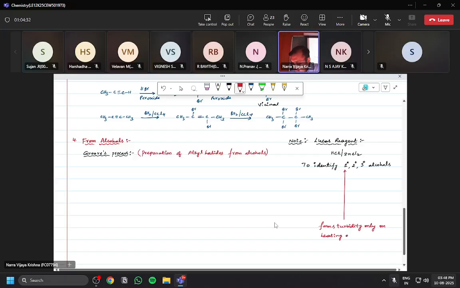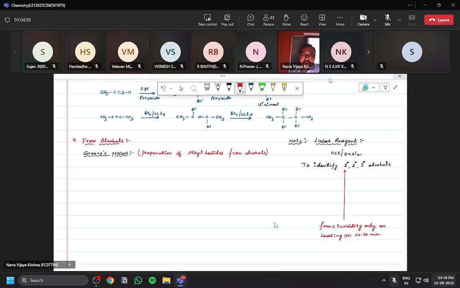Without heating, it forms turbidity only on heating. Either we have to wait 20 to 30 minutes, which means the reaction is very slow, or I need to heat it. If I don't do it, there is no turbidity.